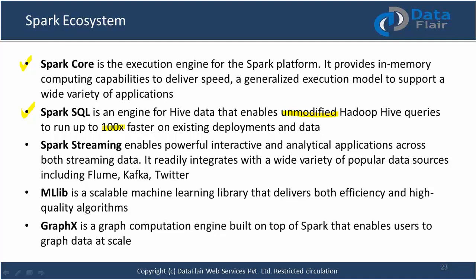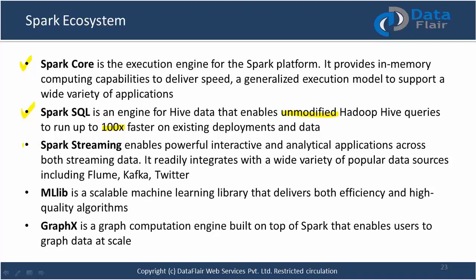All your complex Hive queries, guys, if you recall, if you have worked on Hive, are converted into multiple MapReduce jobs. As soon as it is converted into multiple MapReduce jobs, it is costly. On the other hand, with Spark SQL, it is 100 times faster.